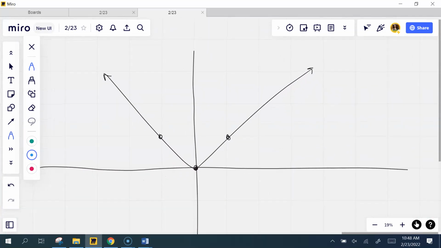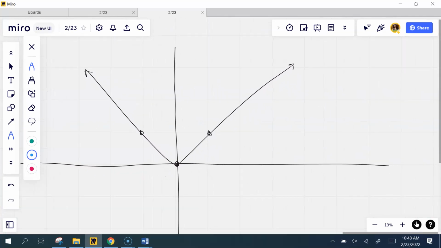All right, on to 5, 6, and 7. For number 5, we have f of x equals 2 times the absolute value of x. Where's my vertex? 0. And when you plug in 0, what do you get? 0.